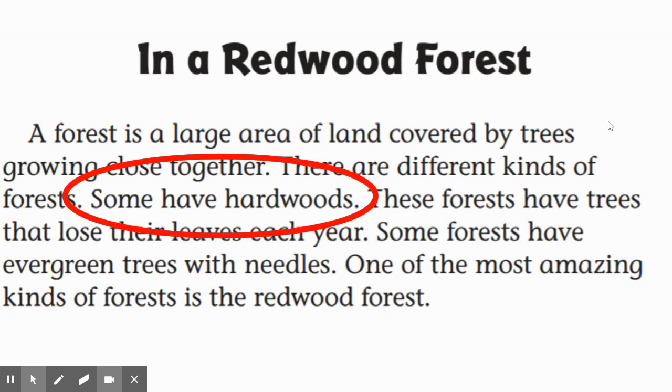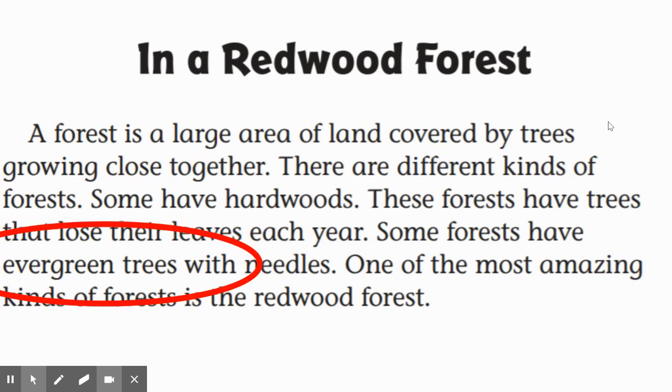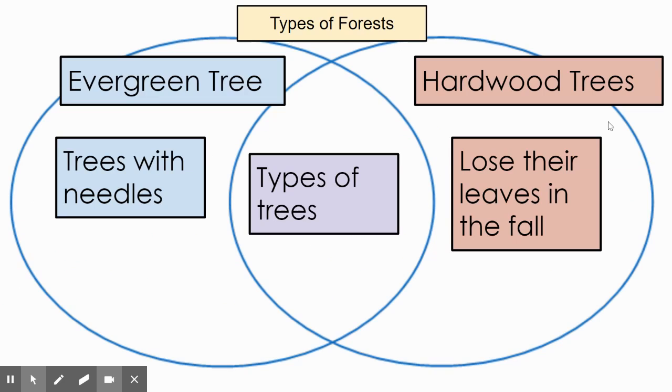You remember that some forests have hardwood trees. Some forests have evergreen trees. So we practiced on our Venn diagram. This is a copy of the one I showed you earlier. We learned that types of forests can have different types of trees. So not every forest is the same because they have different types of trees.